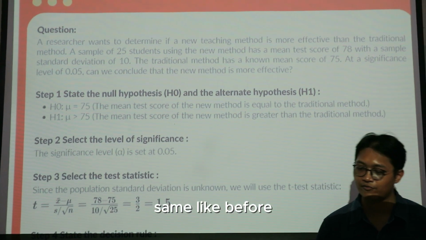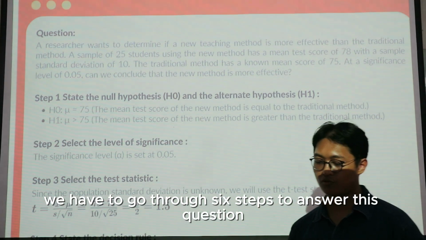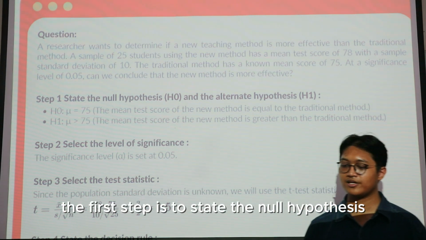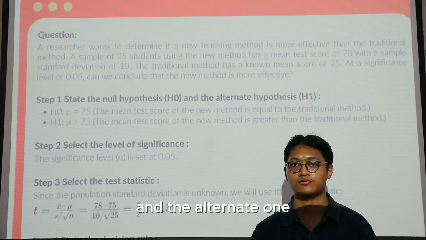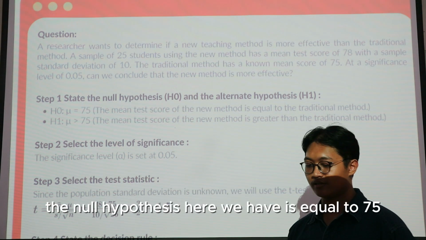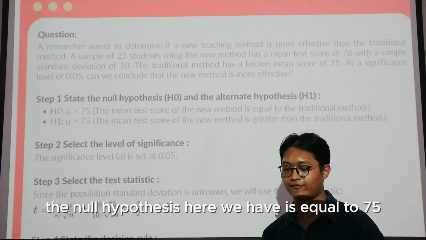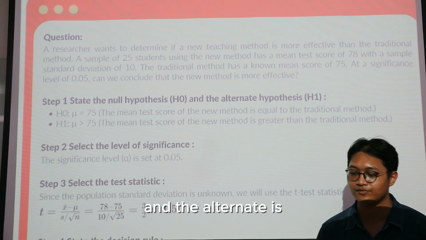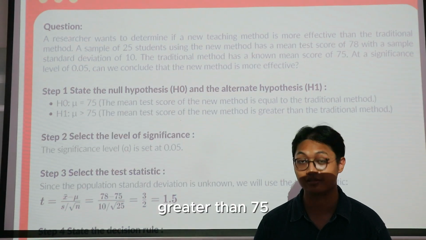Same as before, we have to go through 6 steps to answer this question. The first step is to state the null hypothesis and the alternate one. The null hypothesis is equal to 75, and the alternate is greater than 75.